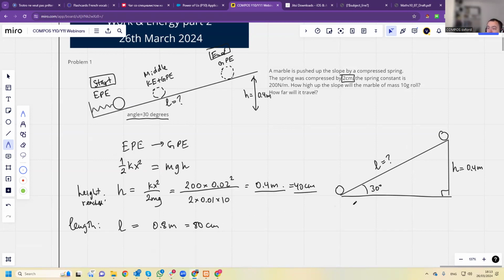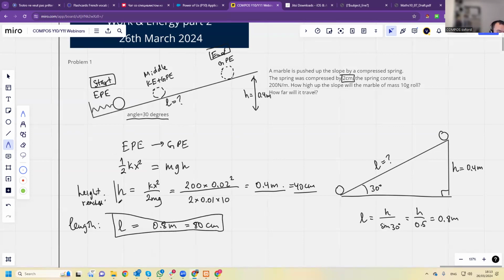Okay. So L is H divided by sine 30. And sine 30 is a half, so H divided by 0.5, which is 0.8 meters. Perfect. So we've answered the question.